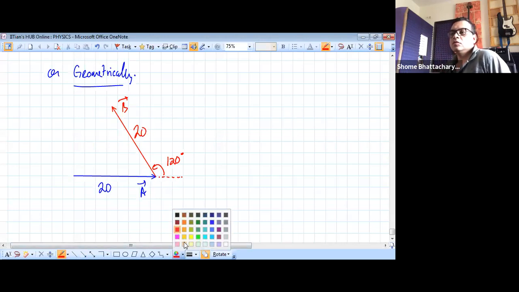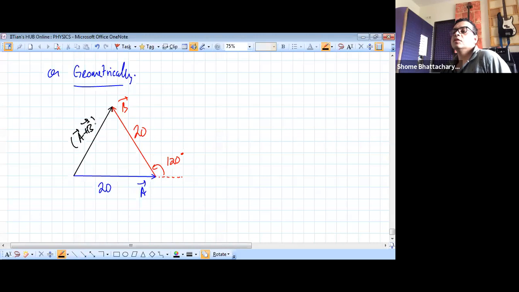So the resultant here is becoming this. Now you can see that whatever this angle is, this will have to be the same in this case because this side is equal to this and their sum should be 120. So 2 alpha should be equal to 120 degrees.